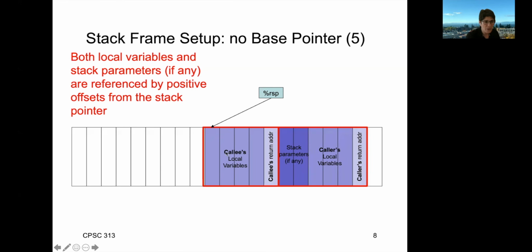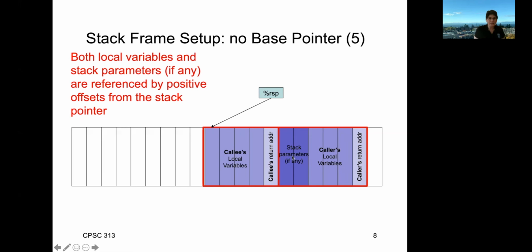And so both these variables and these variables will be reached by adding some positive value to the stack pointer. And because the compiler has constructed this frame, the compiler knows exactly what those values are. So at the beginning of a function, what you'll see is that the compiler has generated these instructions that subtract something from the stack pointer and set up this stack frame.